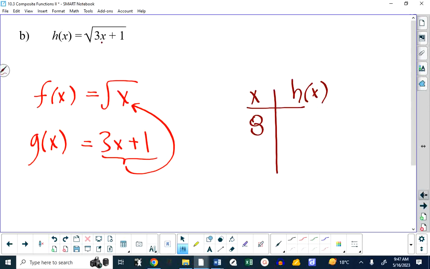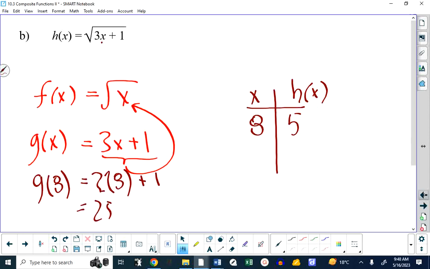What do you get for h of x when you put 8 in there? 5, right? 3 times 8 is 24, plus 1 is 25, square root of 25 is 5. But what we could have done is put 8 in here and found g of 8, which is 25, and then fed it in here to get root 25.